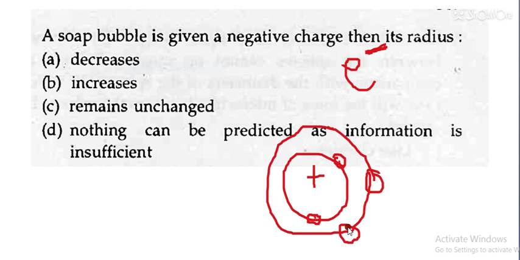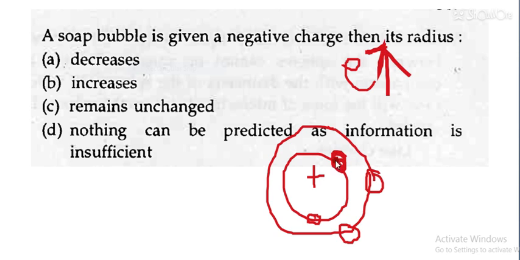This is a very important question because such types of questions are asked many times. So how to handle these types of questions? Students, in this type of question we assume that when the number of electrons increases, the size increases.